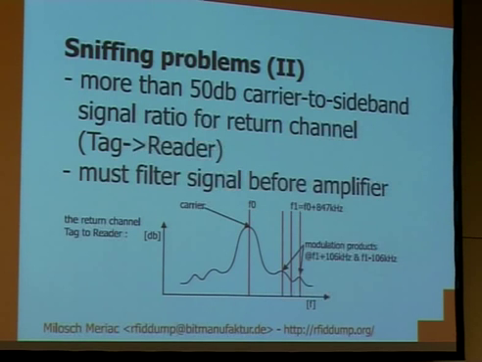If you add this 800 kilohertz, you get two sidebands, which you can see on the reader side, of center frequency F0 and this 847 kilohertz.